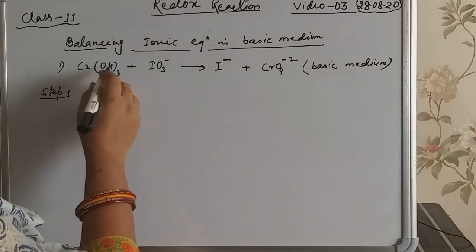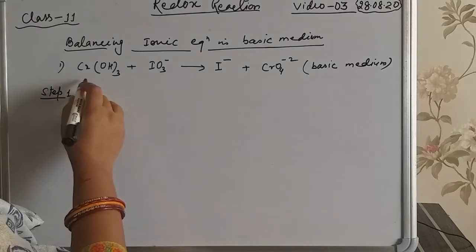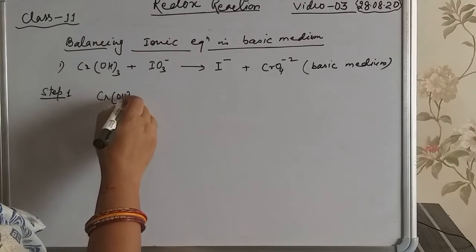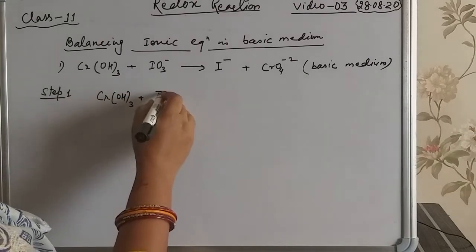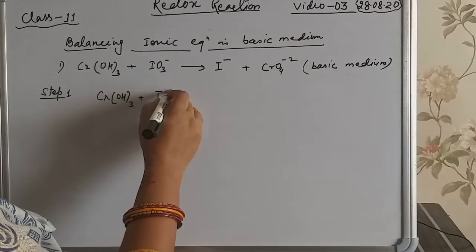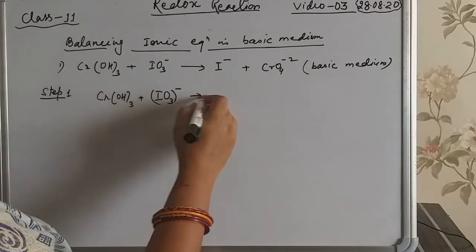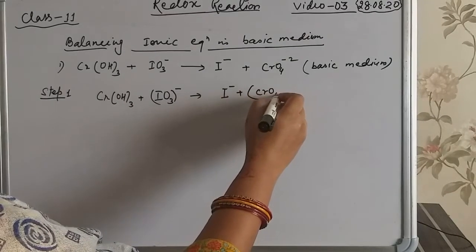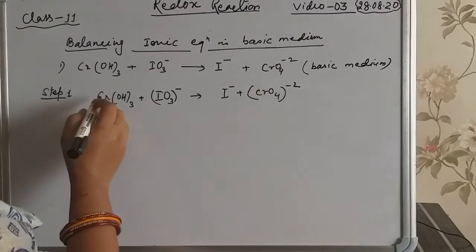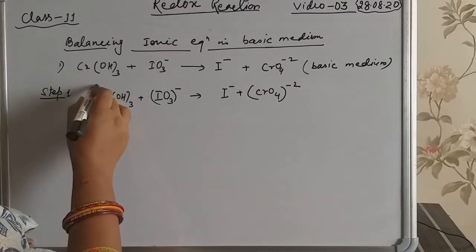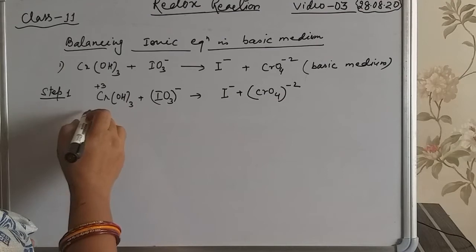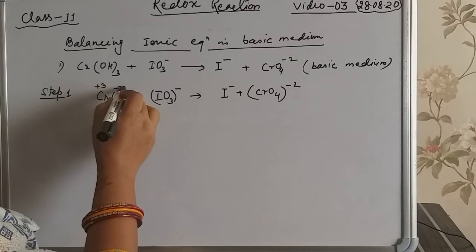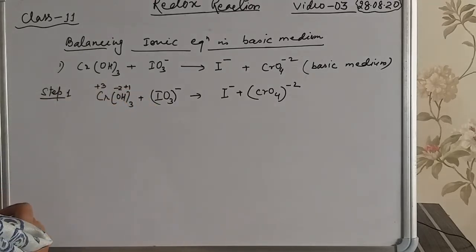we put the oxidation number on each species in the equation. So Cr(OH)3 plus IO3 minus gives I minus plus CrO4 2 minus. Here chromium is in the +3 oxidation state, oxygen is -2, and hydrogen is +1.